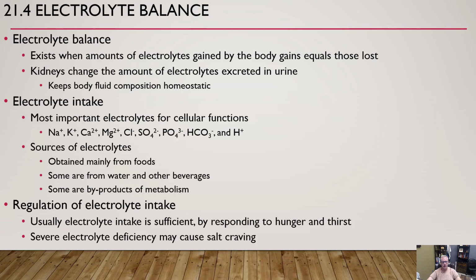We need to maintain homeostasis, but you need to do your job in replacing those electrolytes. We already talked about the electrolytes that are most important in our body. You can see those there. We get most of our electrolytes from foods, water, beverages, but we can produce some of those from metabolism of foods that we eat.